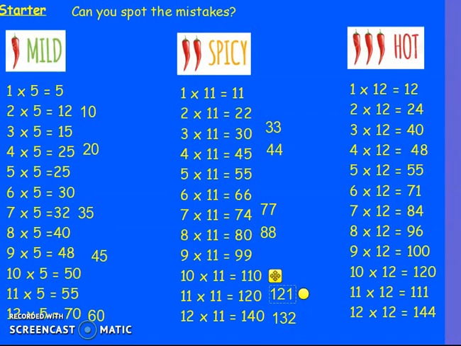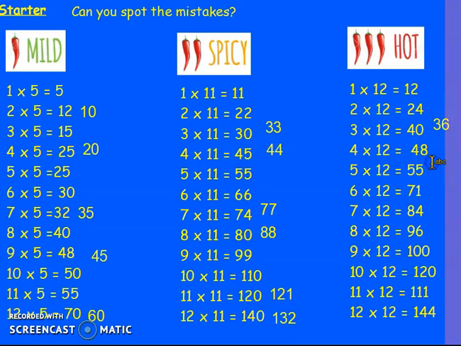Let's have a look at the hot challenge, which was the 12 times table. Can we spot any mistakes? Oh, there we are. 3 times 12 isn't 40, it's 36. Have we got any others?